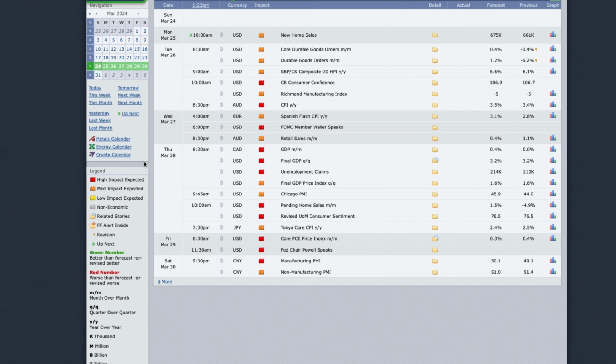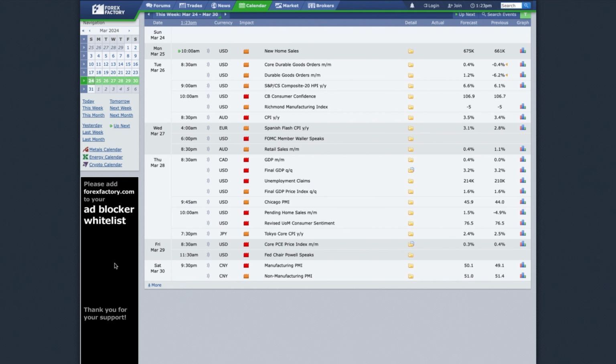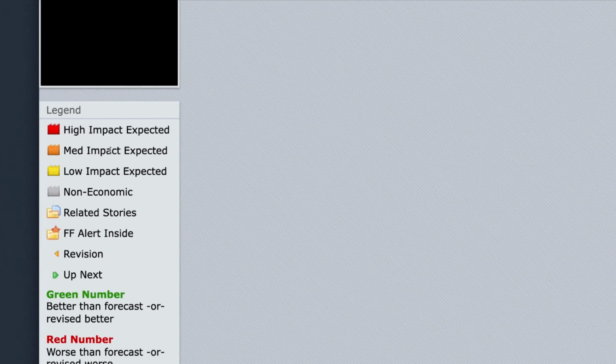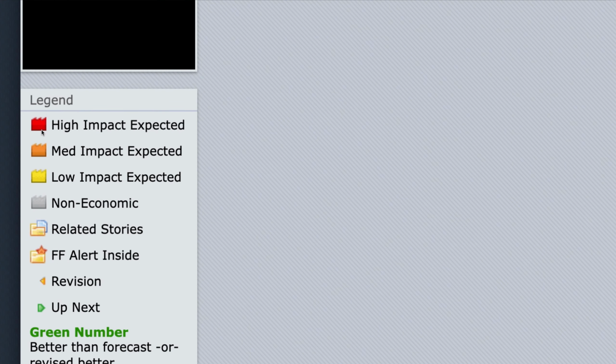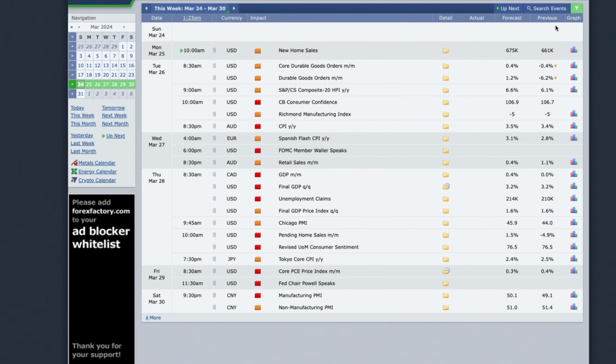The red stands for high impact. The orange stands for medium impact. The yellow stands for low impact. So we're only trading the medium and high impact news, guys. And this week is full of that because I had it filtered.